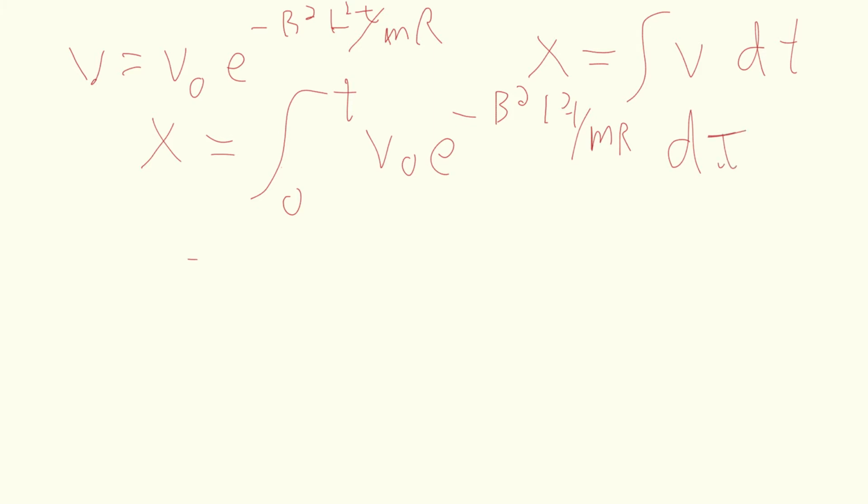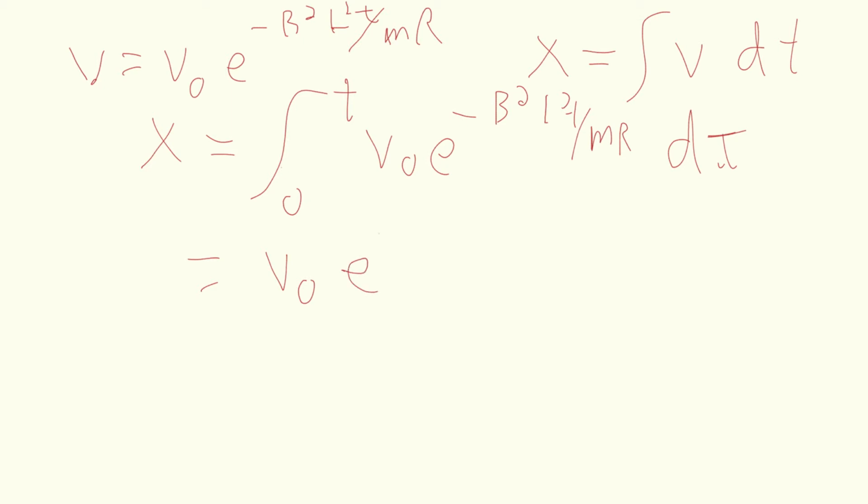Well, obviously the V naught is just a constant. Okay. And the integral of an e function is just going to be that function divided by the constant or the coefficient inside of the function. So it's going to be, let's do it. Okay, that's right.